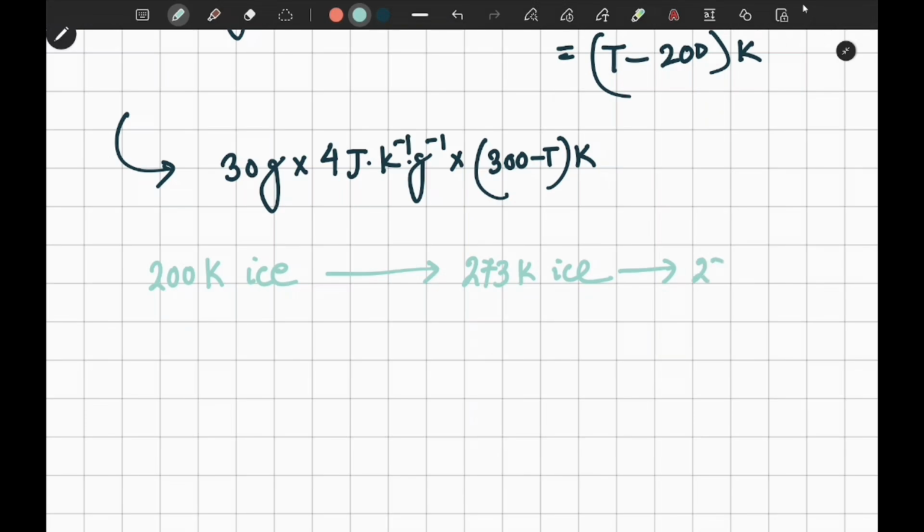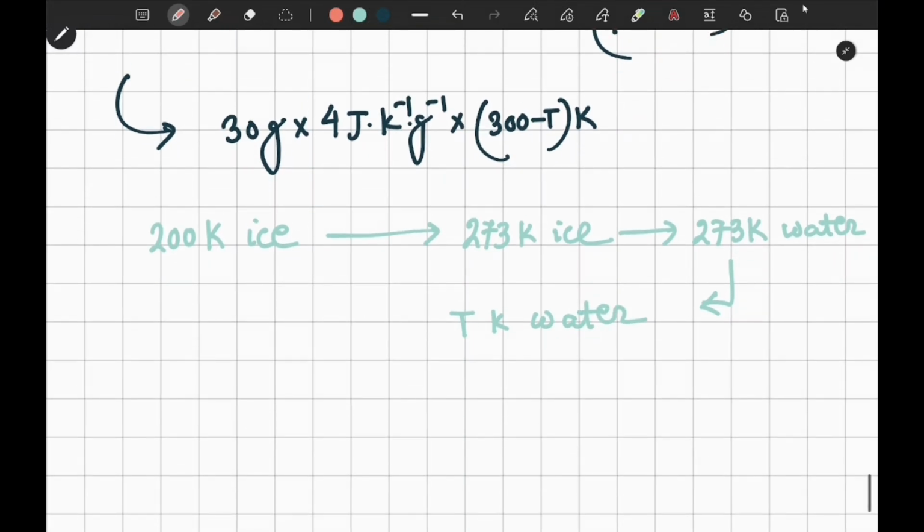Then it will be converted to 273 Kelvin water, and then it will be converted to some temperature, and that temperature will be equal because ultimately both temperatures should be equal, the ice-turned-water and the hot water. So it will be 273 plus some temperature, up to T. You don't know it, just T in Kelvin. That is the total procedure.